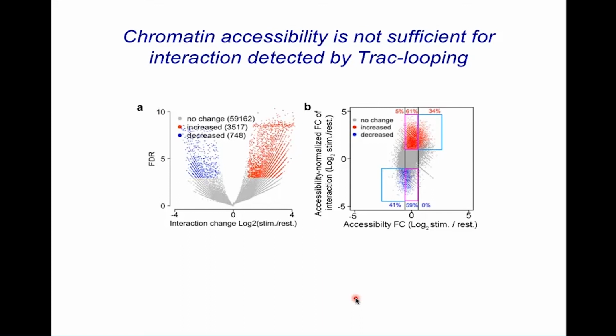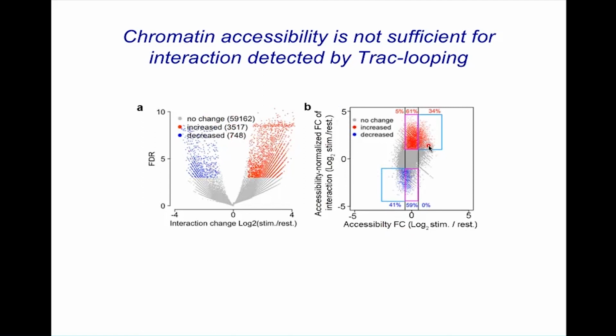In total, we identified about 3,500 sites that showed increased interaction, as shown by the red, and 750 that showed decreased interaction. Then the question for us was, how many of these are actually related to increased chromatin accessibility? To test this, we normalized the interaction based on the accessibility. The y-axis shows the change in interaction, and the x-axis shows the fold change of accessibility.